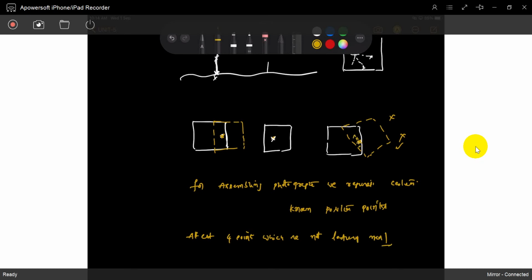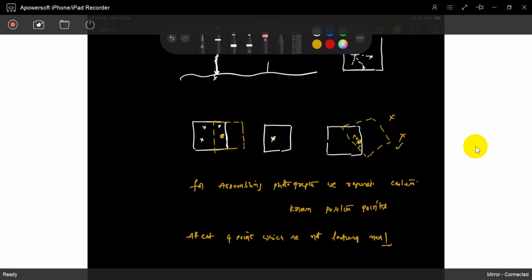So take one point here, a second point here, a third point maybe here, a fourth point here, like this. For one particular photograph, at least that many points are required to assemble.